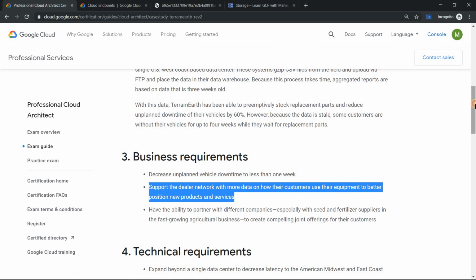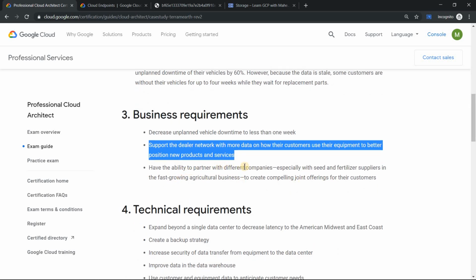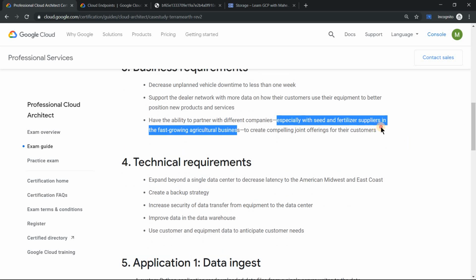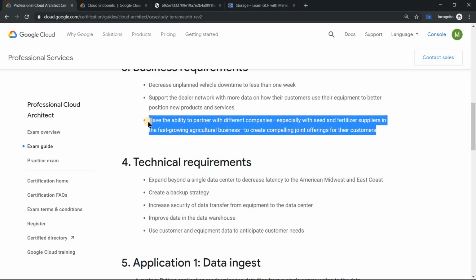Moving on to the next part: have the ability to partner with different companies, especially with seed and fertilizer suppliers in a fast growing agriculture business, to create compelling joint offerings to their customers. At first glance, this does not look like a technical requirement you can match. But if you take a deeper look, technically it indicates you may need to expose certain APIs.